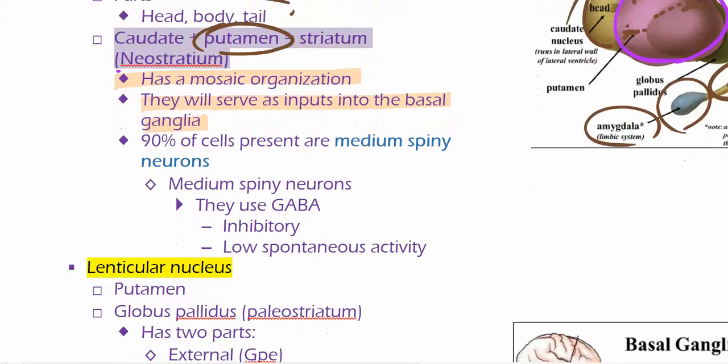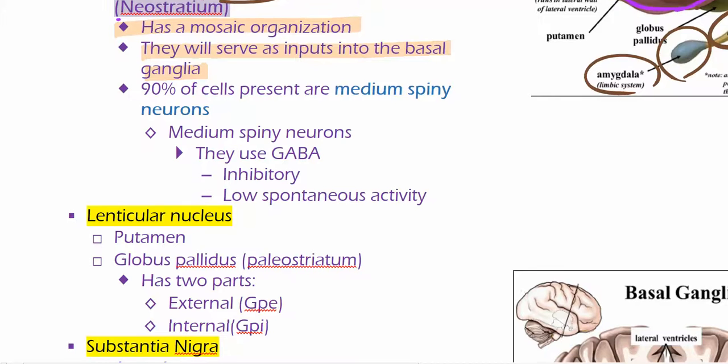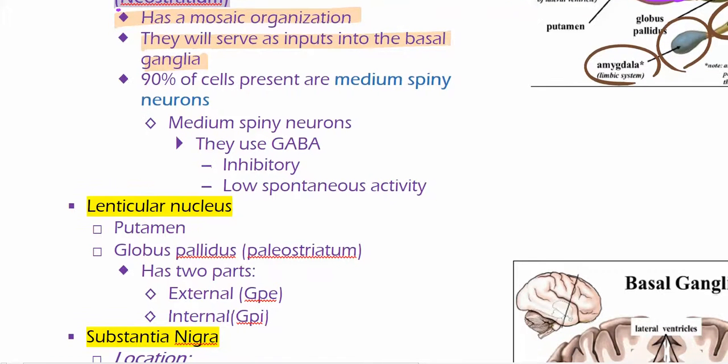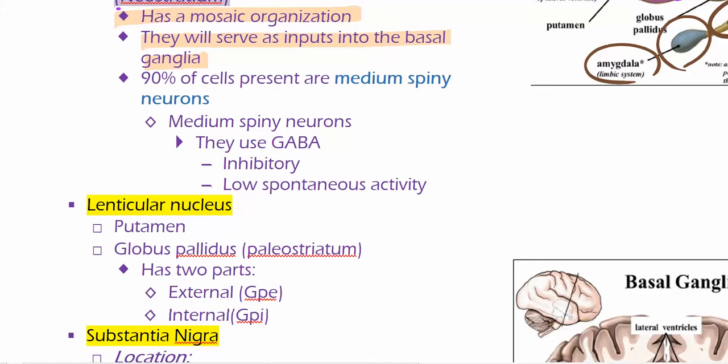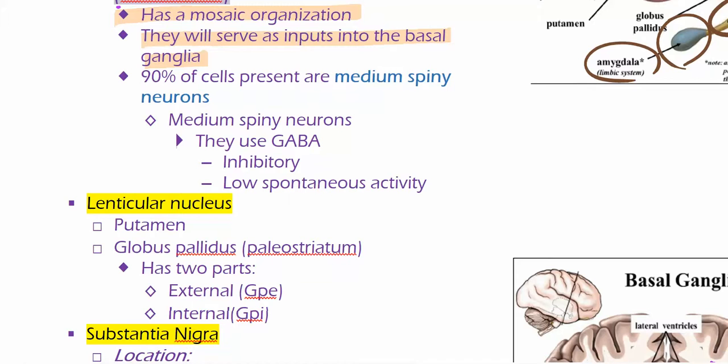We said they both have a mosaic organization, and they both serve as inputs into the basal ganglia.